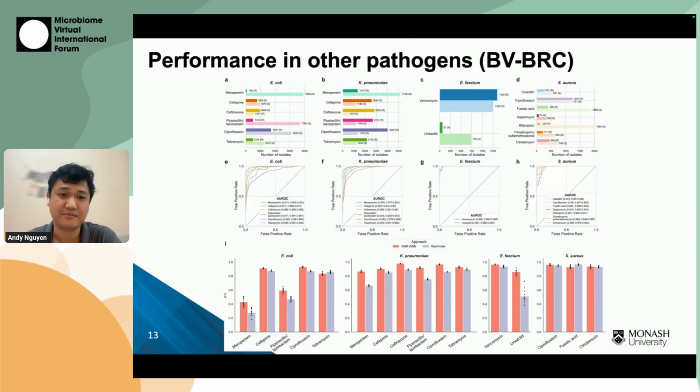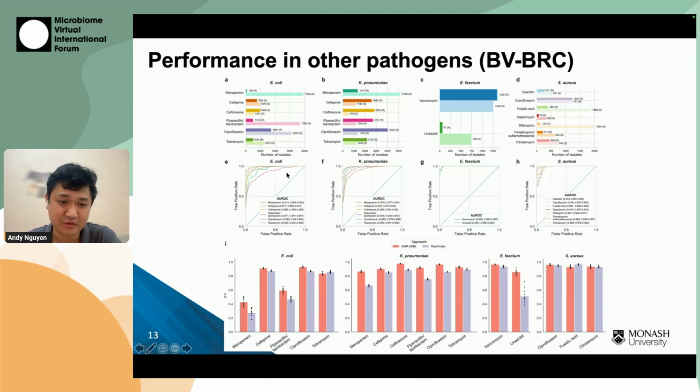And finally, we validated our AMR-GNN models using other pathogens gathered from the BV-BRC dataset, which include E. coli, Klebsiella pneumoniae, E. faecium, and Staph aureus. We collected more than 23,000 genomes from the BV-BRC dataset with different susceptibility testing related to each species.